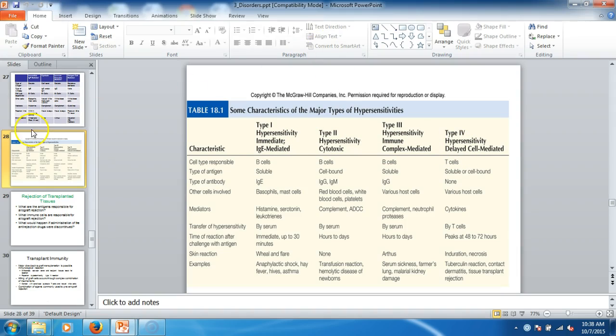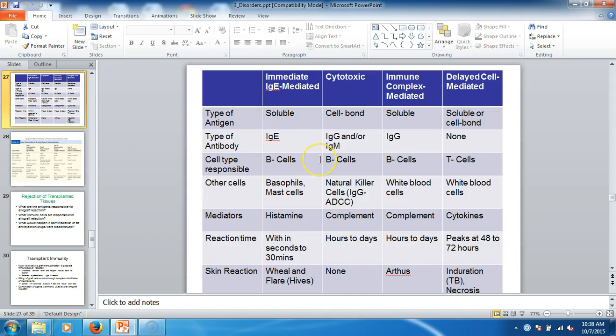For my PowerPoint lecture, I devised a streamlined version, right, of just what you need to know as it relates to each one of these hypersensitivities that we're going to talk about next time. And you'll notice that they number them 1, 2, 3, and 4. And for testing purposes, I'll include the numbers, but I'll have the full title, right? So we're really focusing on the title, not necessarily just the number designation to the type.